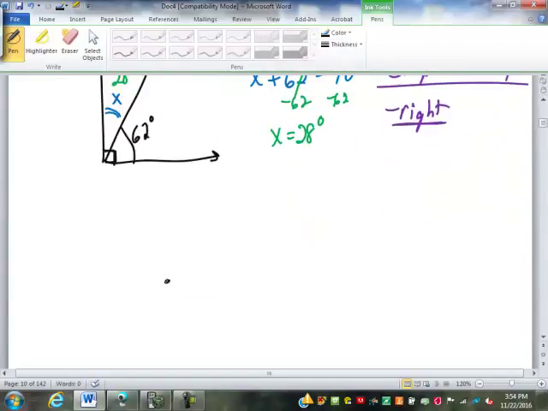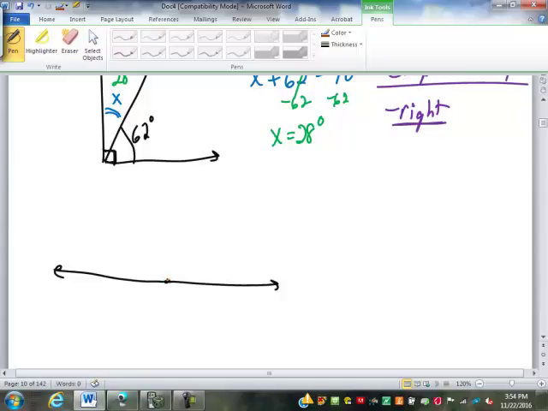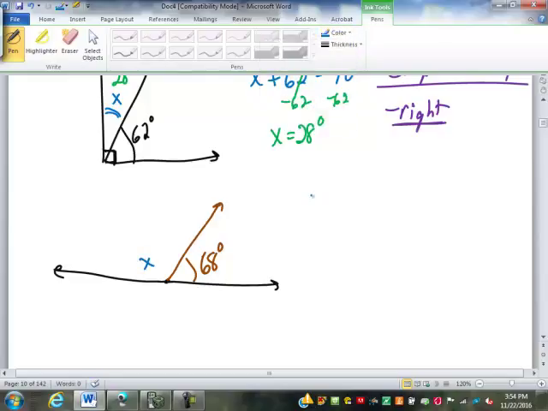So next, probably saw it coming, is a straight line. And if I have an angle coming off of that, if I know that one is 68 degrees, I know that x over here, x plus 68, has to add up to 180.